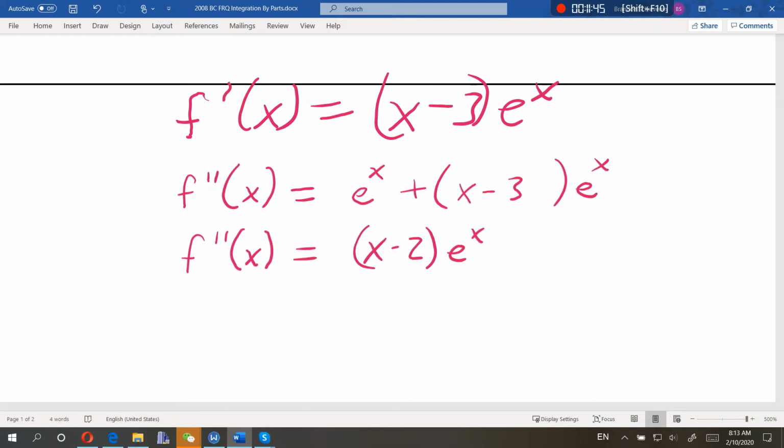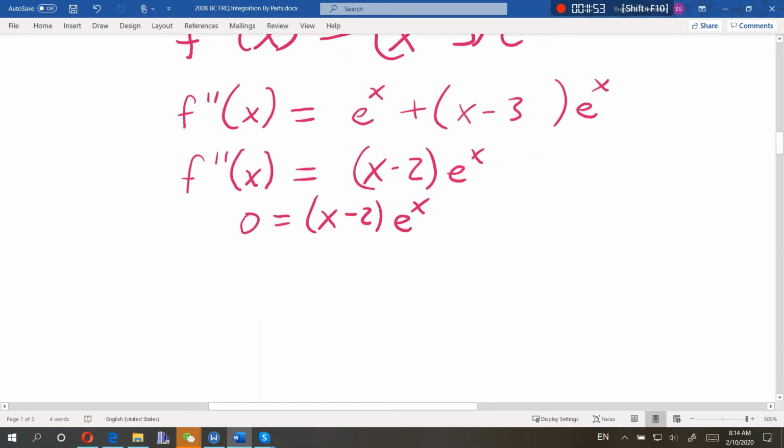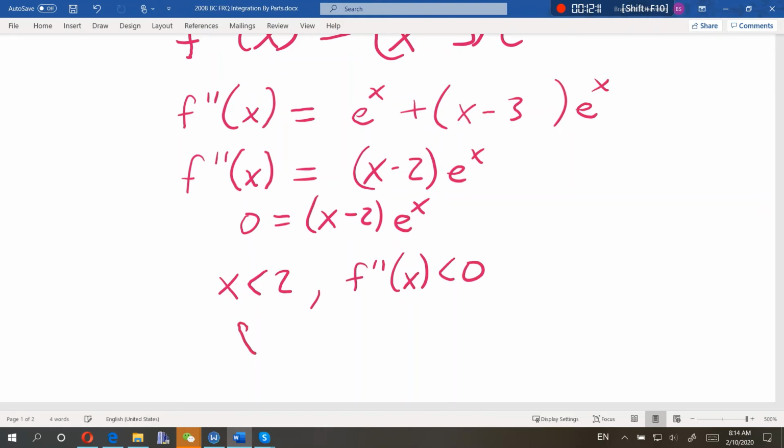Okay, so for concavity, we're going to set this equal to 0. So x is 2. Okay, so I've got a breakpoint at x equals 2. If x is less than 2, what happens? That's a negative number. Okay, and if x is greater than 2?